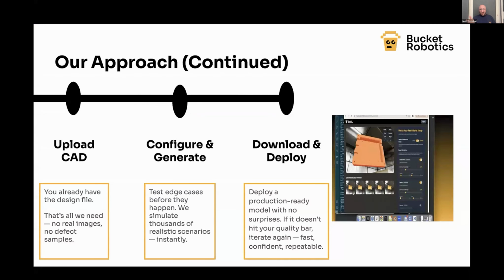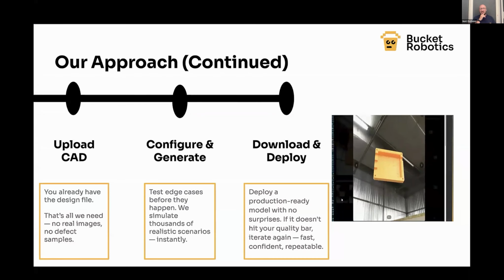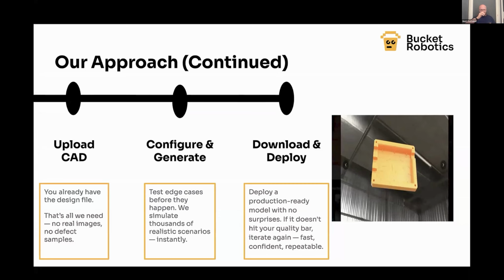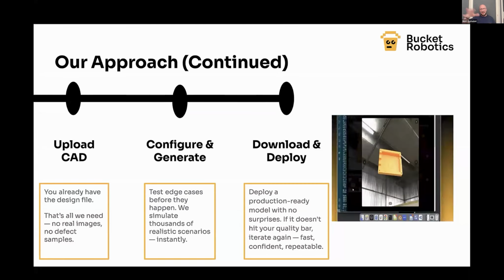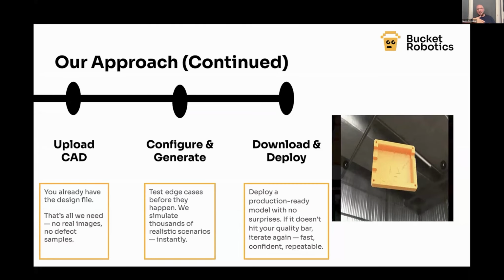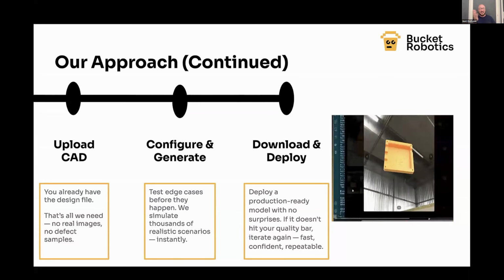So again, here's that zoomed in and you can see the level of detail. All of these defects are dialed up to like 10,000 so that you can actually see them in a GIF. I hope this translates well on the live stream.